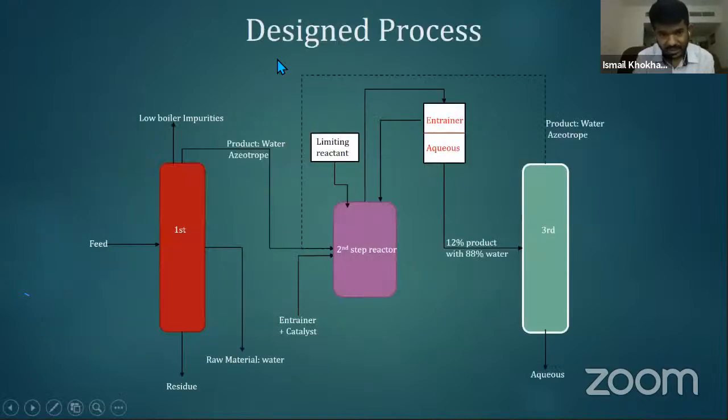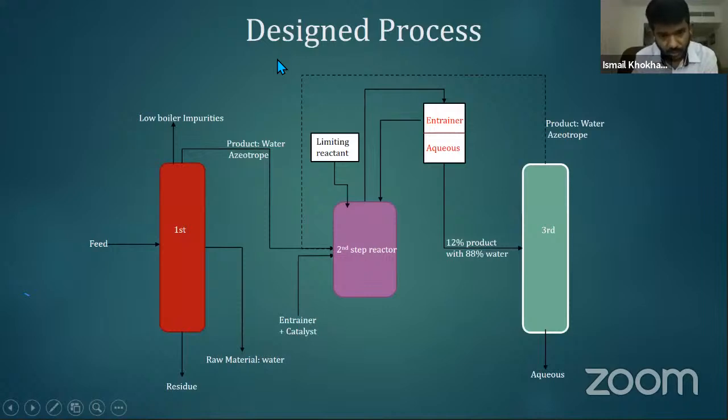So now the distillation system which I showed you at the beginning was changed. You can say it was a combination, where the first step and the second step were combined together to make sure that every process works economically. In the first distillation column, where you can see the feed from the second column was fed, the low boiler impurities using the entrainer came out without any product.